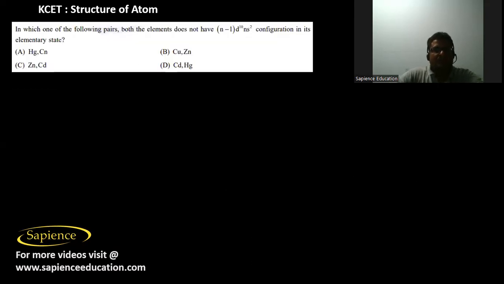Here it is told in which of the following pairs both the elements do not have n minus 1 d10 and ns2 electronic configuration in its elementary state or its ground state.